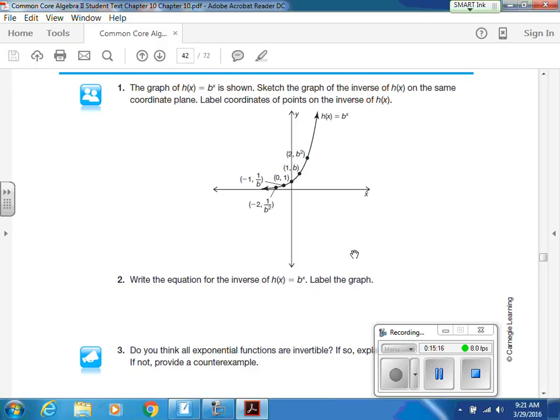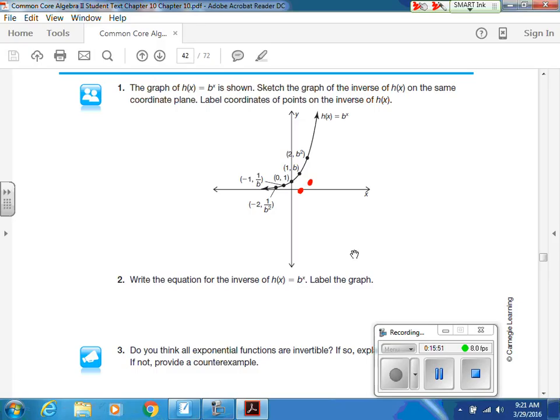So all we have to do, like this one is (0, 1). What's the new point going to be? (1, 0), right? This one is (1, b), so it's going to be (b, 1). So I'm going to go over b units, and I'm going to go up 1, right? Which should be like right there.